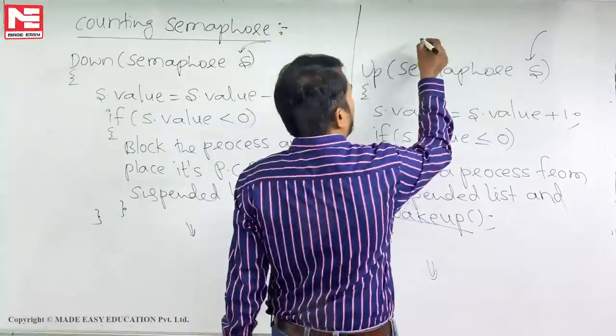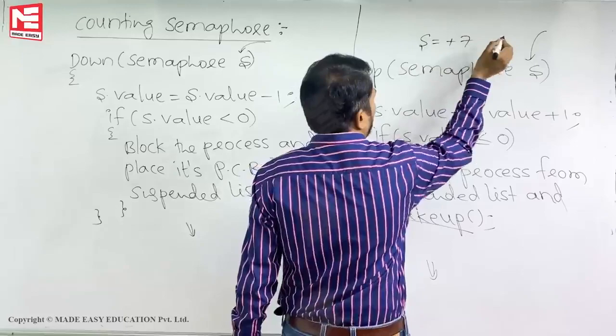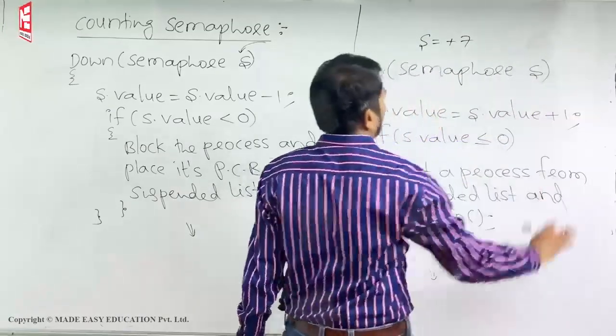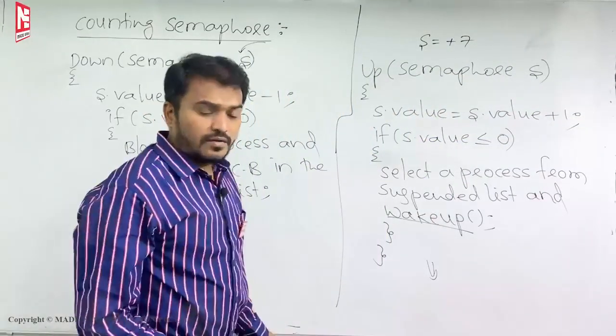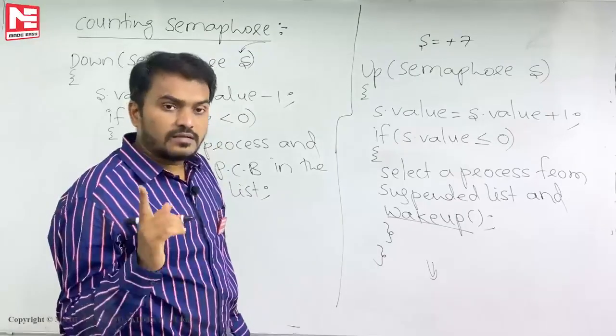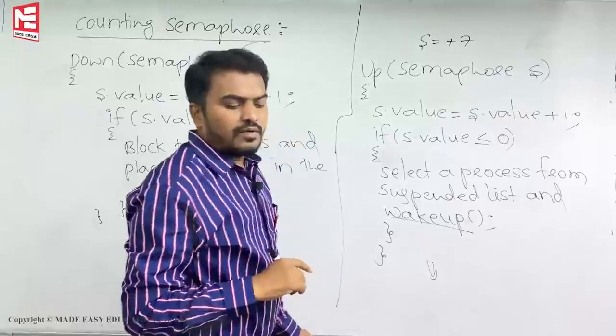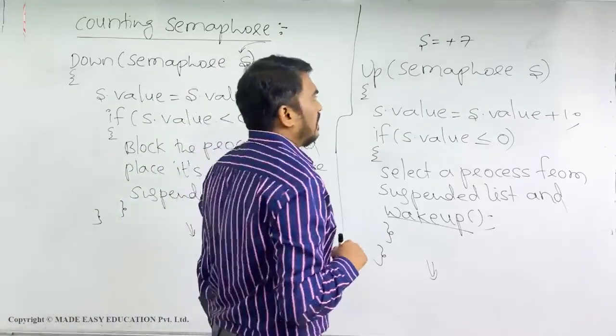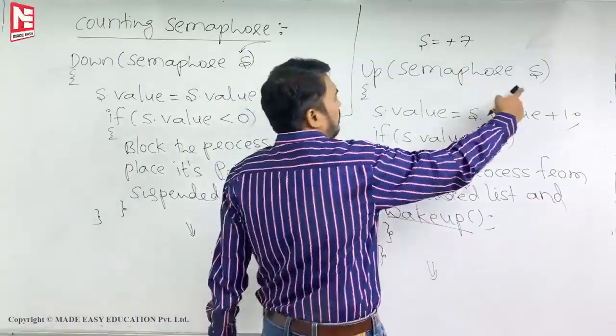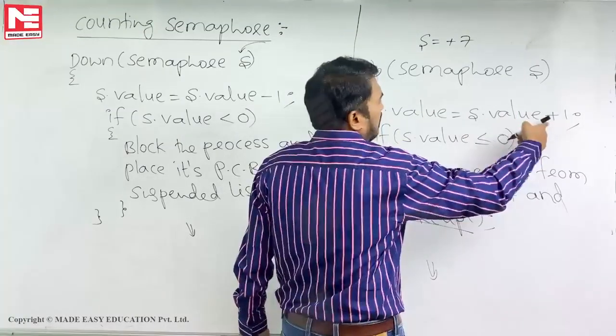So listen here. Let's say the initial value of semaphore S is plus 7. Now I am performing up operation. You read the semaphore value, and after that you increment the value by 1.